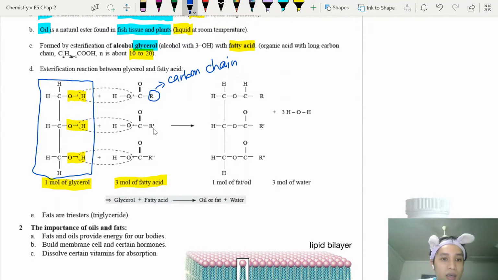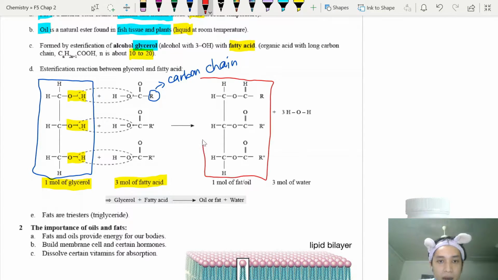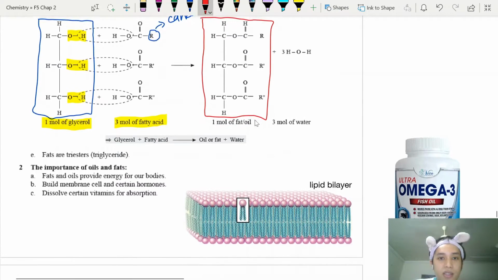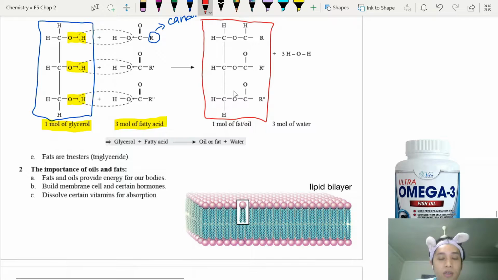So the R here can be C10 right up to C20 depending on what type of acid you are using. And this one whole big chunk is the molecule for fat. It is a very big structure, combining the glycerol with the fatty acids. That is the esterification for fats.